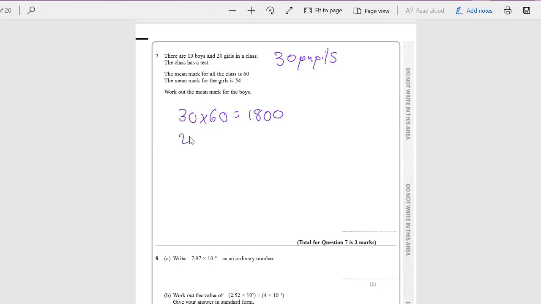So there were 20 girls, times that by 54 gives us 1,080. So what we need to do is subtract these two, and we'd get 720. And so we know that there are 10 boys. So divide by 10, 72. So the mean mark for the boys was 72.